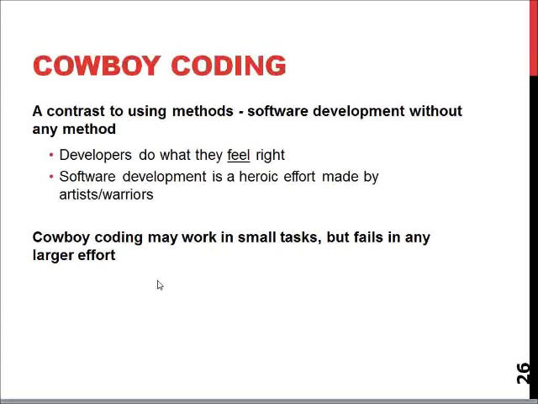So this is something that goes back into the early 70s, 80s, or early ages of software engineering, where the software developers were artist warriors who were making some sort of magic with the computers to solve problems that the computers were meant to solve. So basically, cowboy coding is doing something by, so to say, playing it by ear.